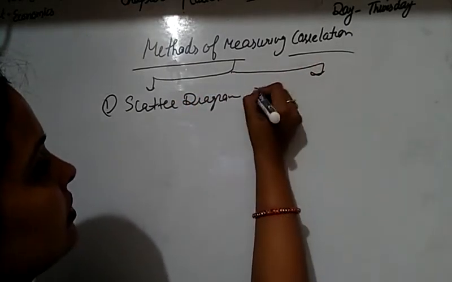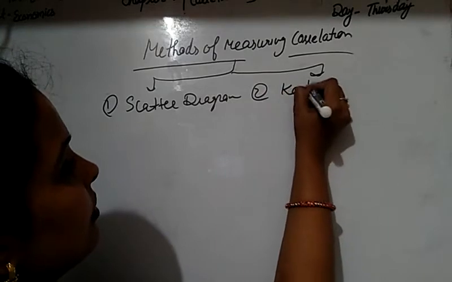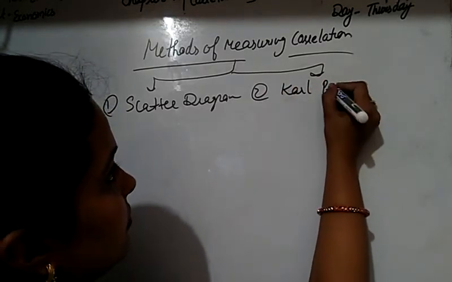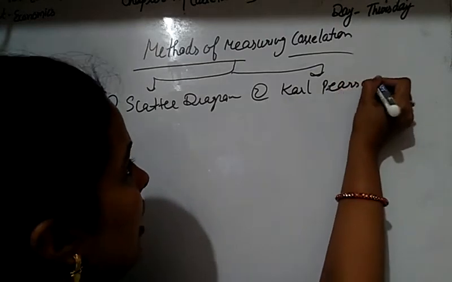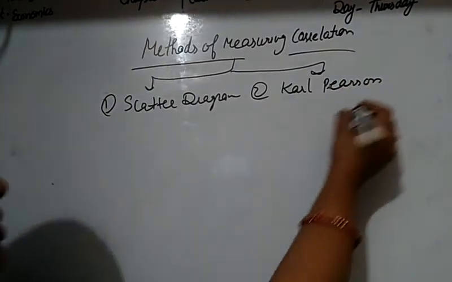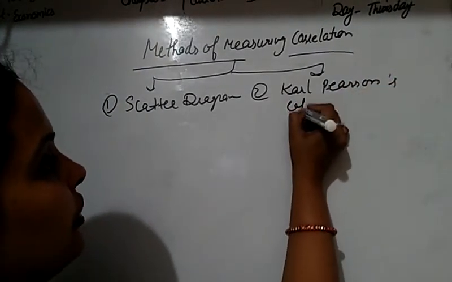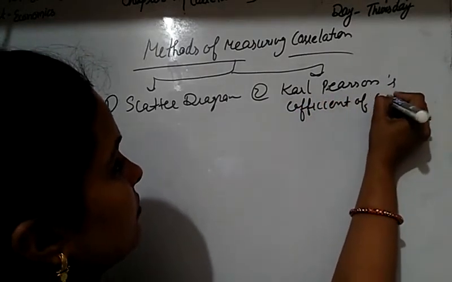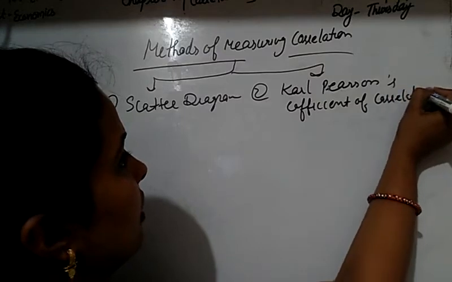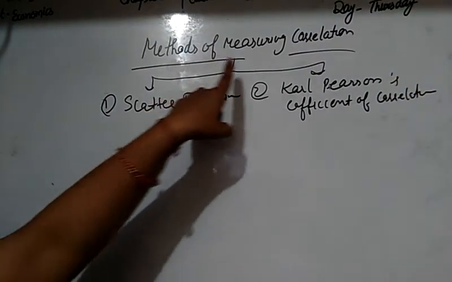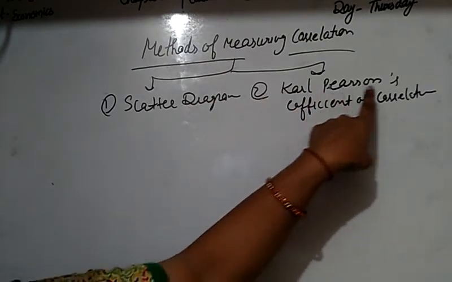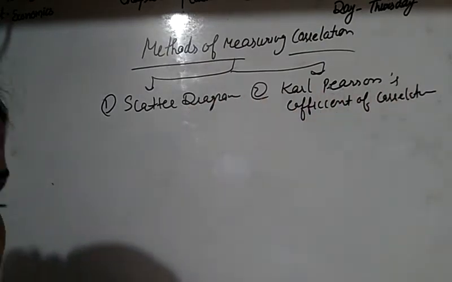Second is Karl Pearson coefficient of correlation. Okay. So two methods are there for measuring correlation, scatter diagram and Karl Pearson coefficient of correlation.